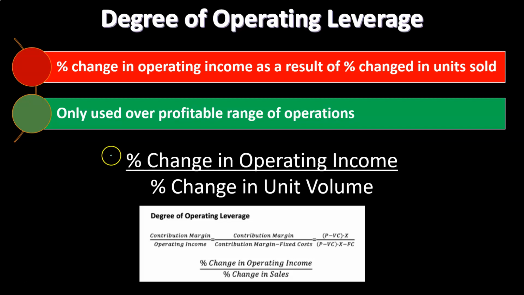So our formula could be represented this way: percent change in operating income divided by the percent change in unit volume. Now, note that if we have a contribution margin income statement, which we'll put together when we start to work through these problems, a little bit different in format than a standard income statement that you're used to in financial accounting, that is added work you would have to do internally within the company for this kind of projection analysis, which is quite common.